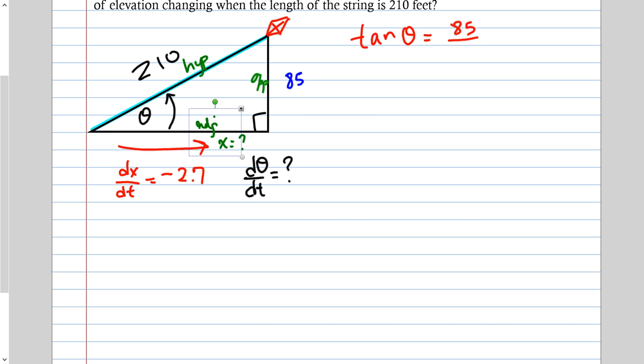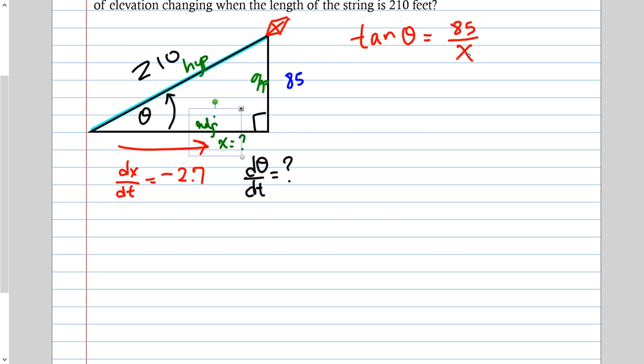The kite's height isn't changing. What's changing is how it's moving horizontally, not vertically. So 85, that's the opposite, over the adjacent, and the adjacent is x, and that's what we don't know.